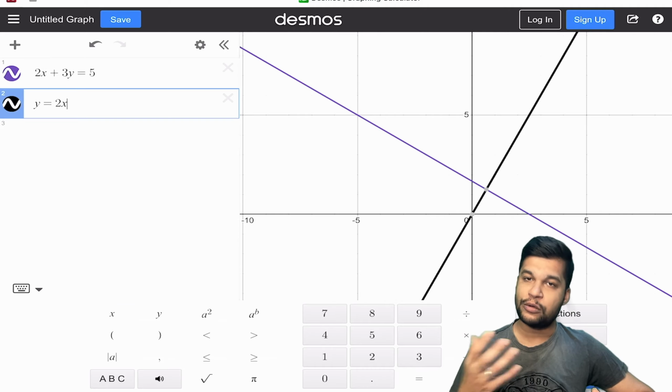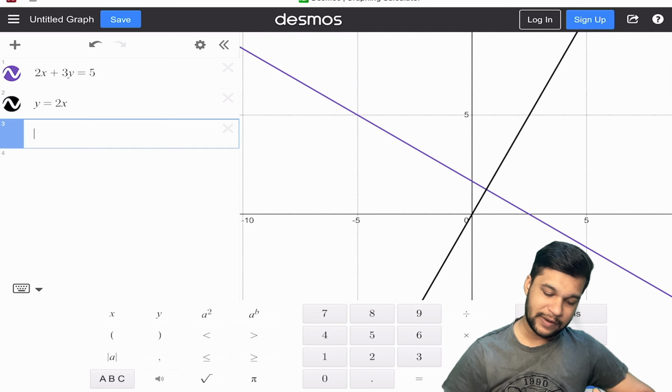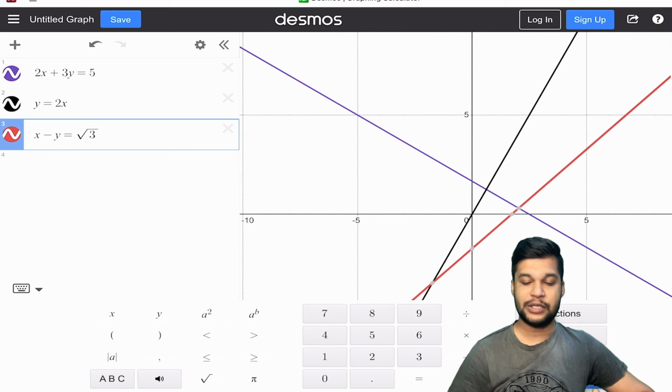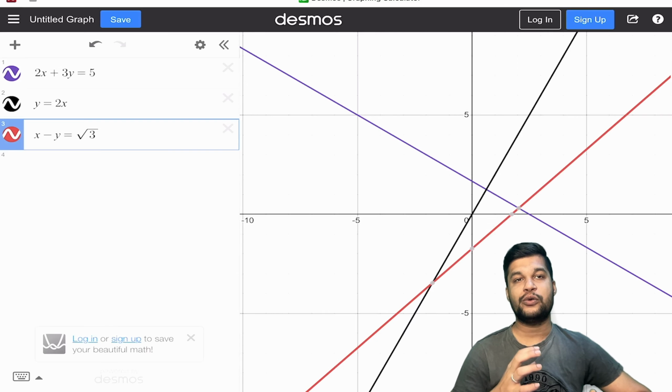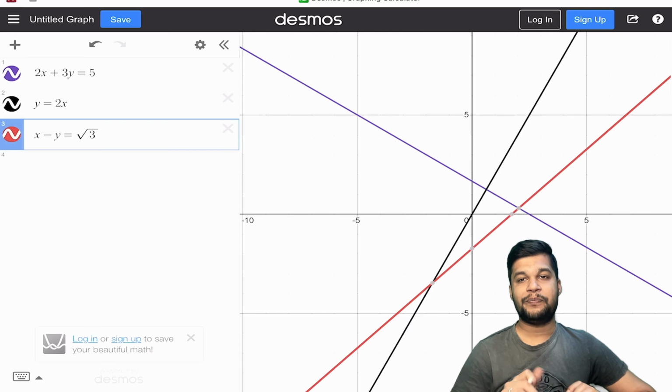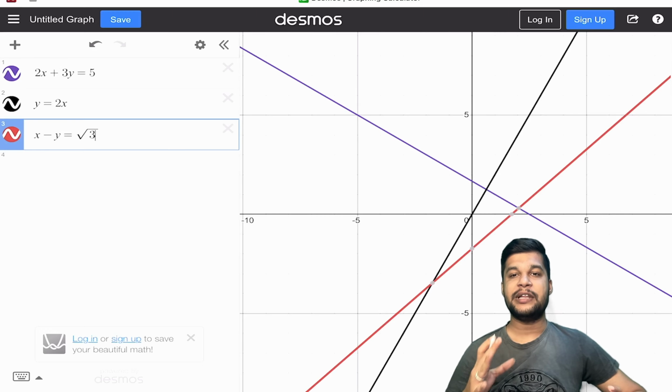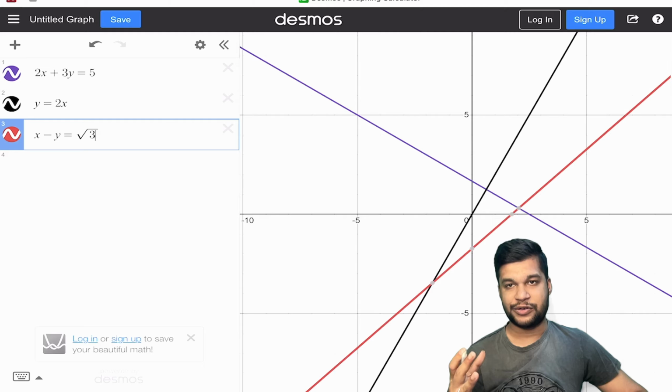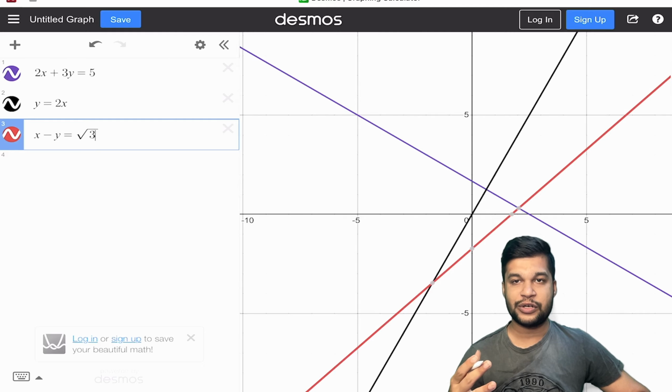And for the third one, x minus y equal to root 3, this is also a straight line. So moral of the story is, if you draw a linear function on the graph paper, you get a straight line.